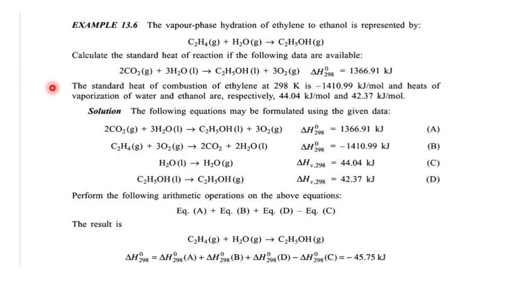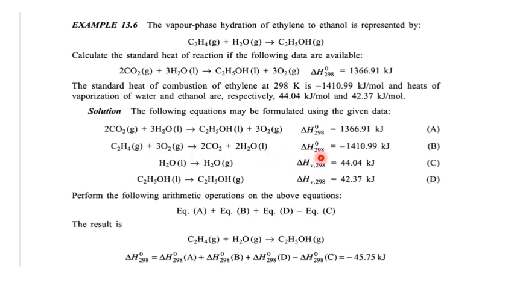So first we must write the equations given. The equations given are 2CO2 plus 3H2O gives C2H5OH plus 3O2, its delta H0 is 1366.91 kilojoule. The next three equations are given in the statement. So we must write the standard heat of combustion of ethylene, that is C2H4 plus 3O2 gives 2CO2 plus 2H2O.